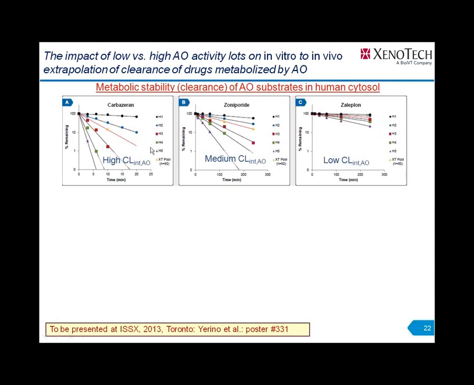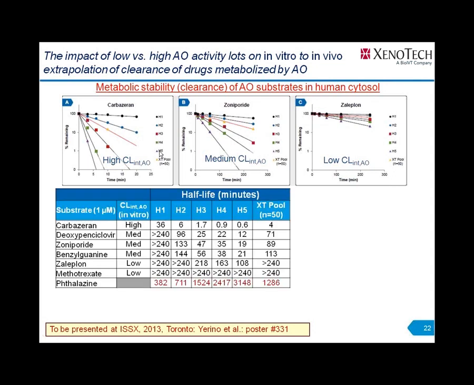You can see that we've got the 5 individuals plotted here, as well as our pooled product, and this is in order of increasing activity as well. So our H1 has the lowest activity, our H5 has the highest activity. As you increase the activity, by definition, you are increasing the clearance of these drugs, which makes sense.